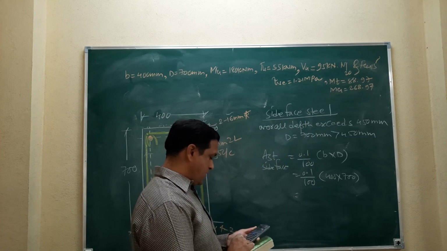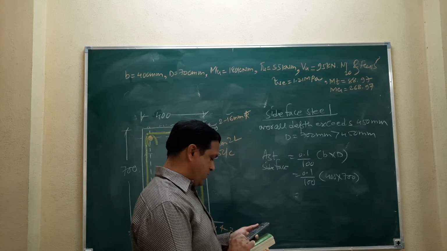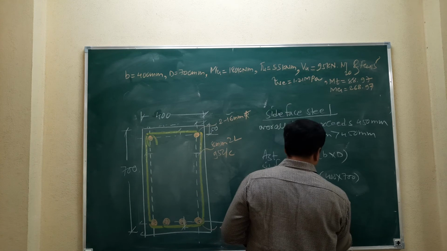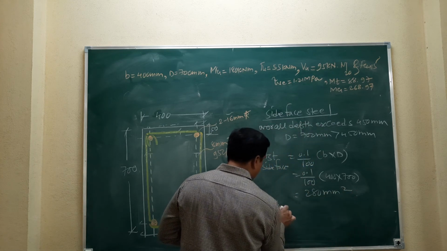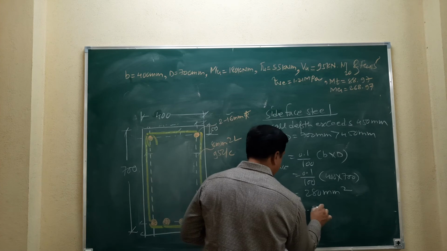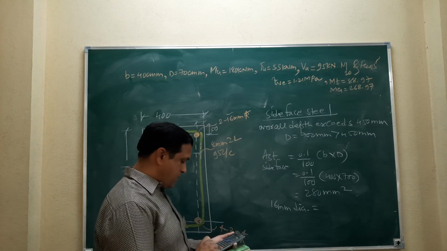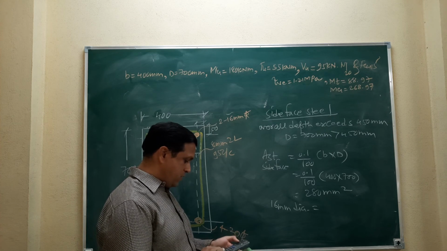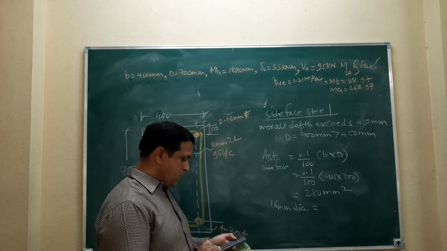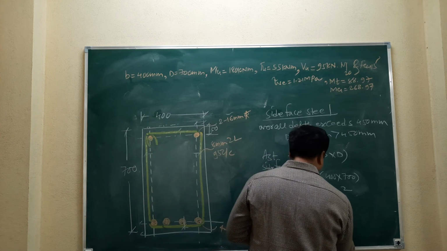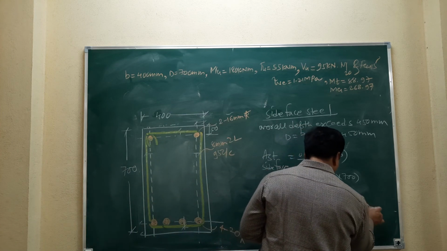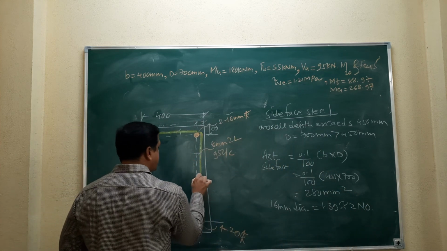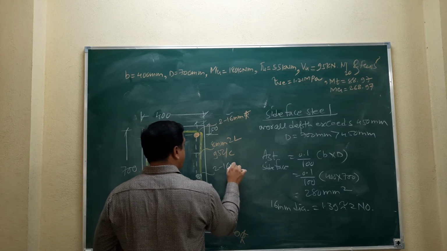So 700 into 400 into 0.1 divided by 100, it is 280 mm square. So if we assume 16 mm diameter, 280 divided by pi by 4 into 16 into 16, it is 1.39, say two numbers. That means you have to provide 16 mm diameter 2 bars as side face steel.